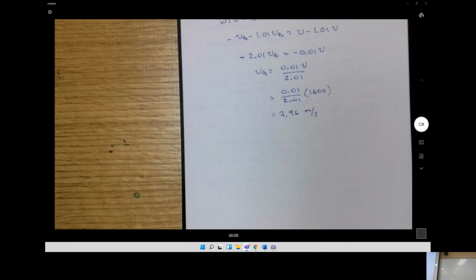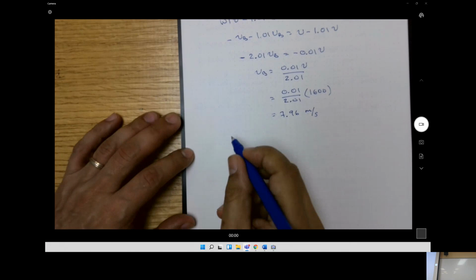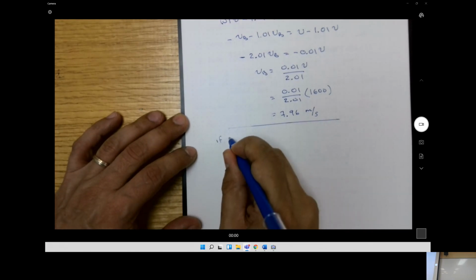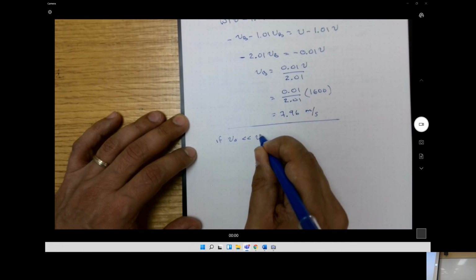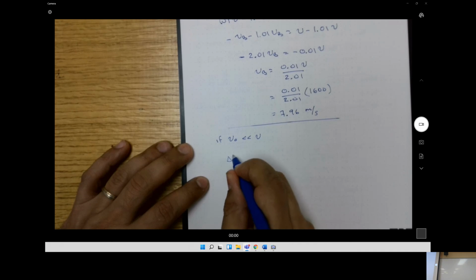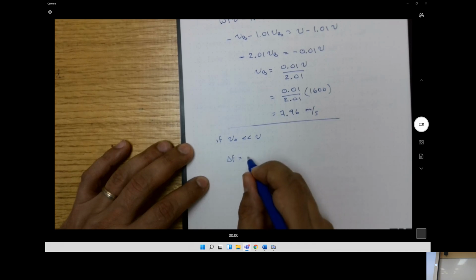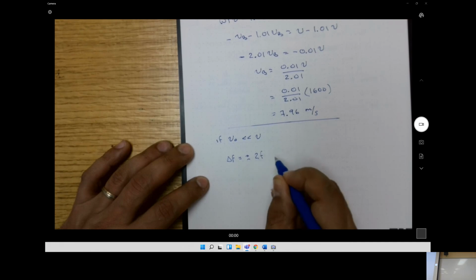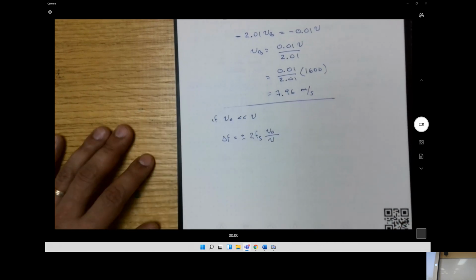If the velocity of the target, whatever is moving, is very small, so if the velocity of the object is much smaller than the velocity of sound of the medium, and if you're looking at this shift in frequency, then you can make an approximation, and you can say that the shift in frequency is going to be plus minus 2 the velocity of the source times the velocity of the object over the velocity of the wave.